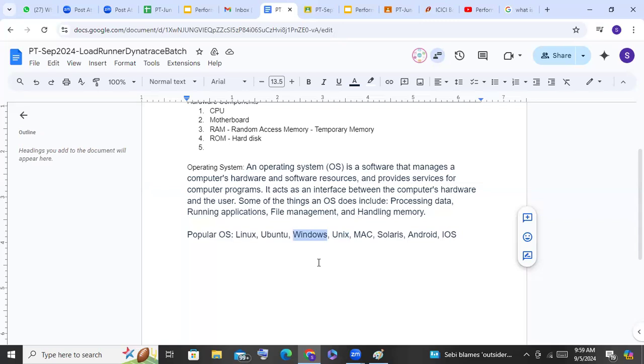We had Windows 10, Windows XP, Windows Vista, a lot of different versions. These are what we would know and actually use. But guys, please remember, these operating systems are there for your personal computers.